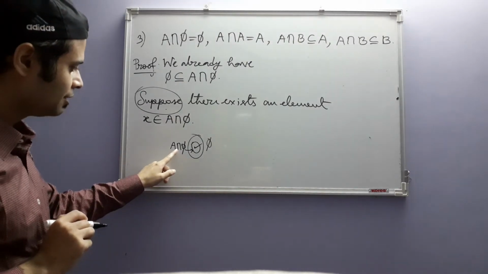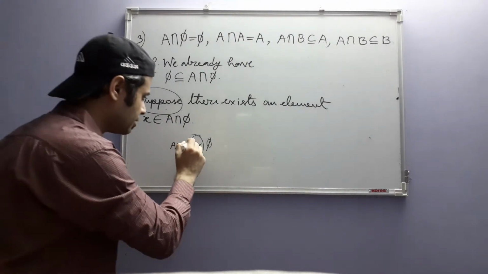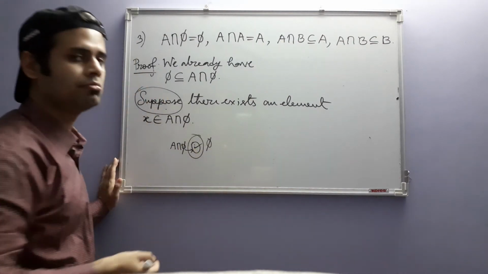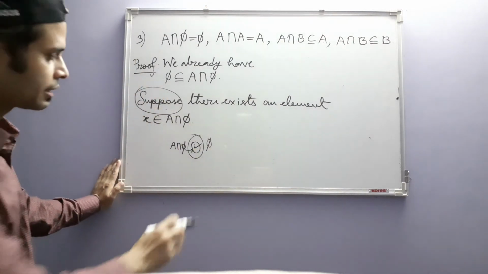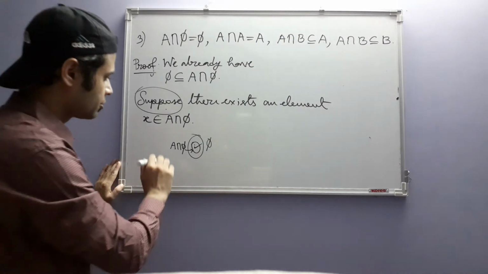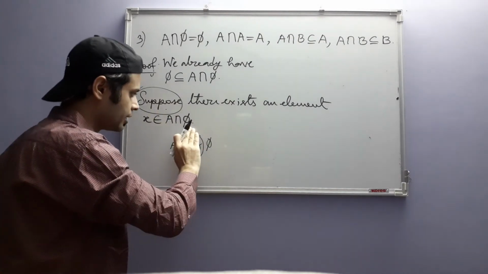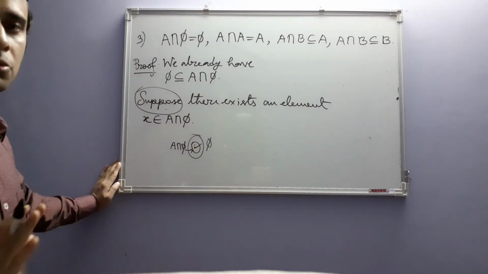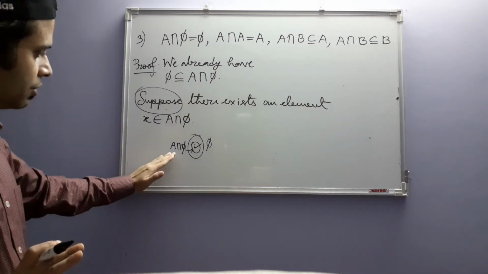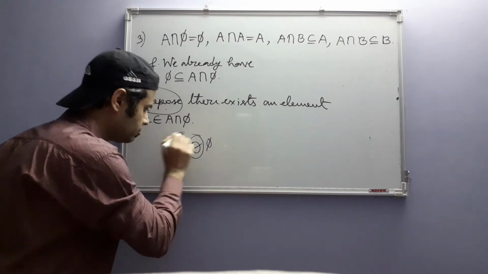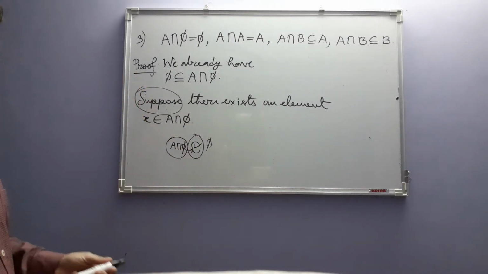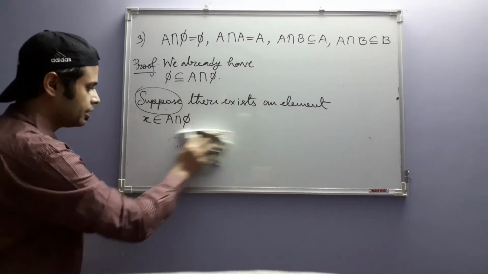Because otherwise, if this set has some element, that element will come inside the empty set also, contradicting the fact that it is empty. So that's why we have supposed that there exists an element here. We are going to show that that is not possible. Thereby, we will prove that this set is also empty. Okay, that way we will get the result.